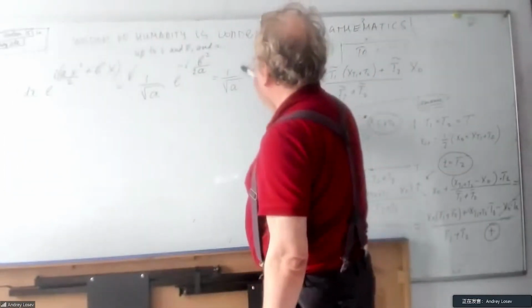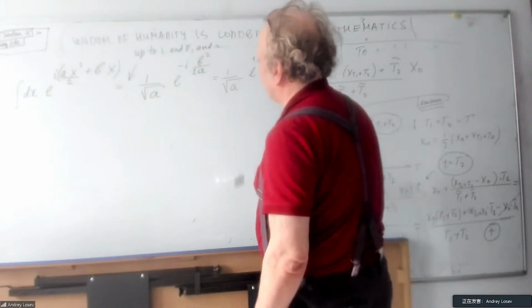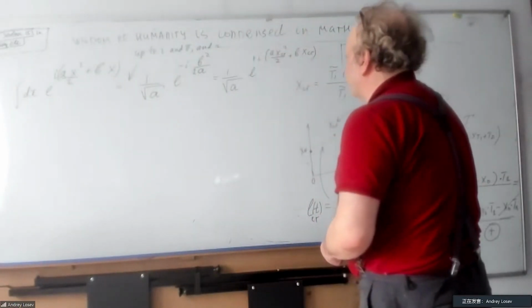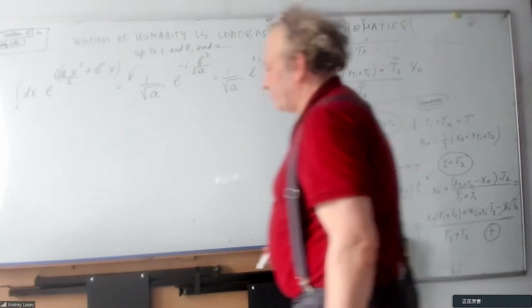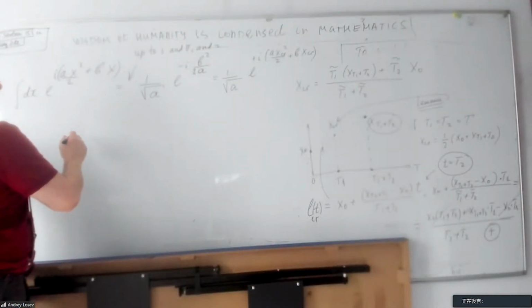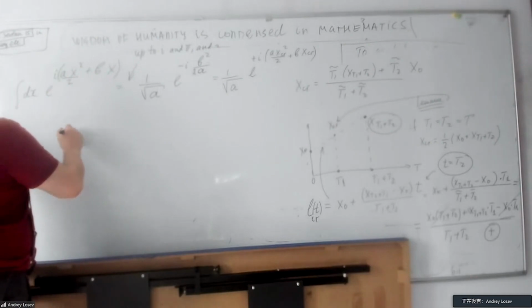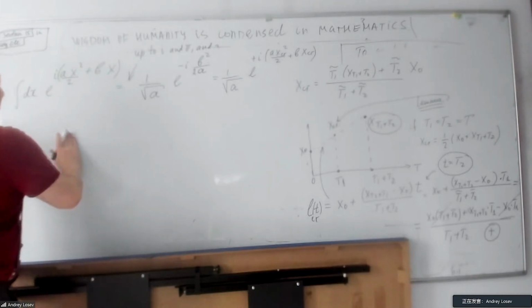Now, I have to work out this 1 over square root of A. What will this mean? So A is what stood in front of x squared. So we had the following thing.